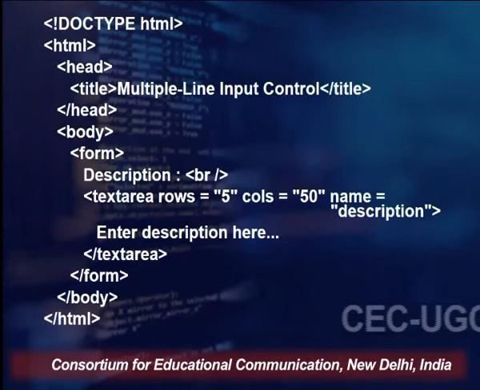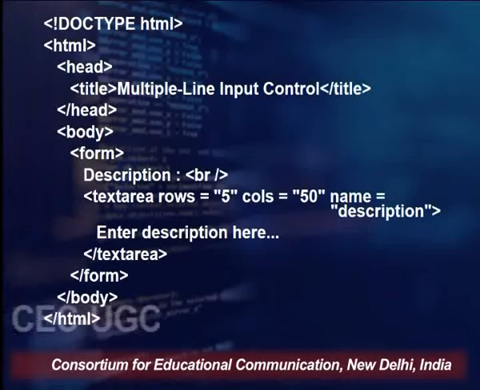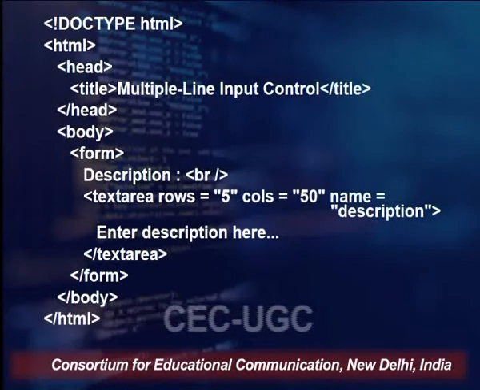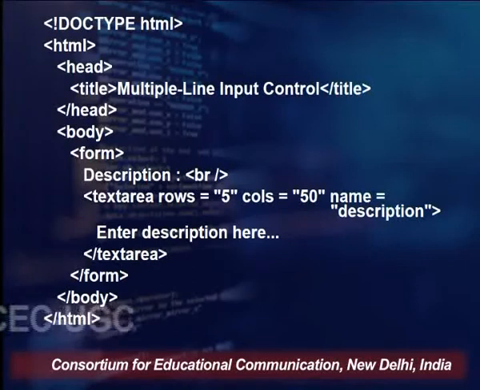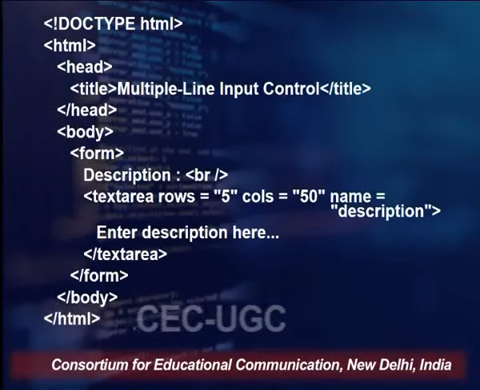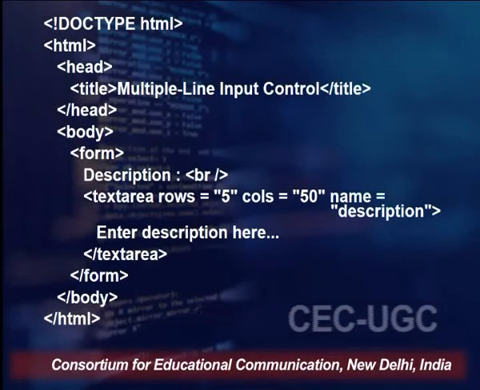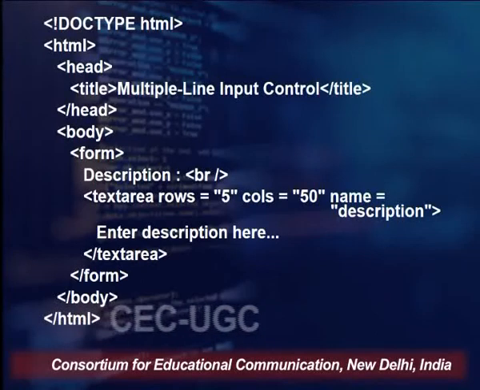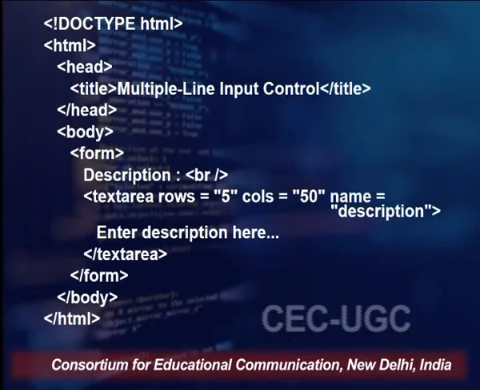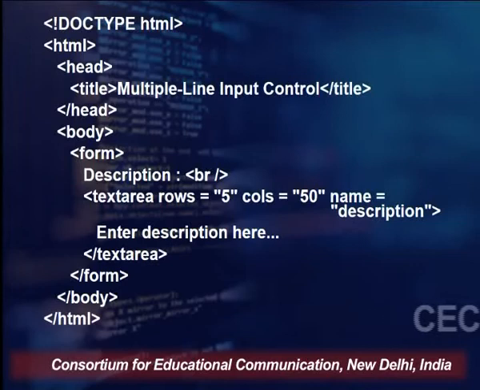Now let us try to understand this code. Within the form we have written Description, which will be displayed as it is, and after a line break we are going to have an area which has the height of 5 rows and the width of 50 columns, and the name of this control is description. Why is this name given here?